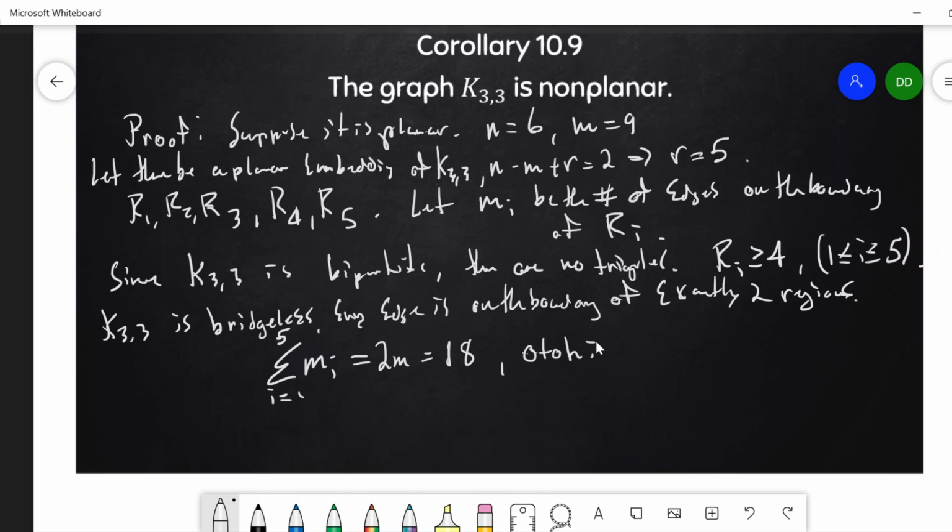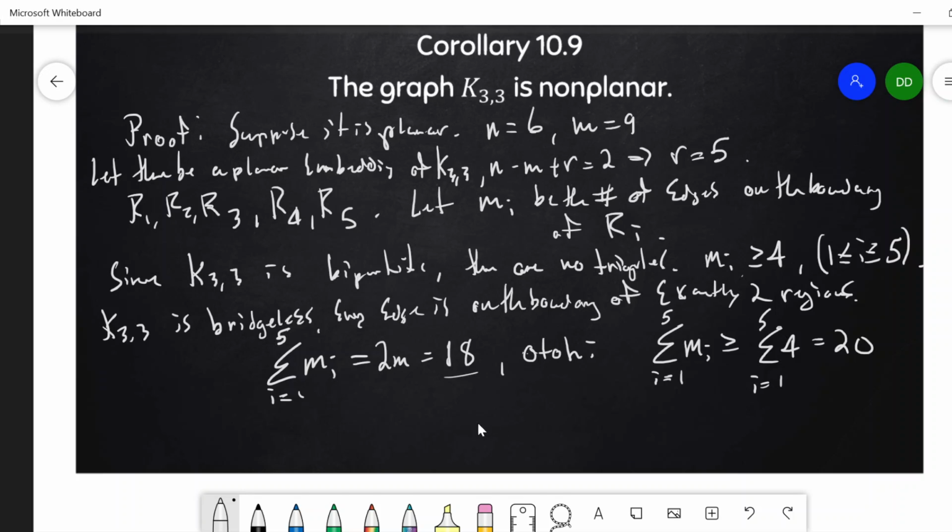On the other hand, m sub i is greater than or equal to 4, the number of edges around each region is at least 4. So the sum of the m sub i's, each one has at least 4, is greater than or equal to the sum of 4 from i equals 1 to 5, and so that's 20. So what do I have here?